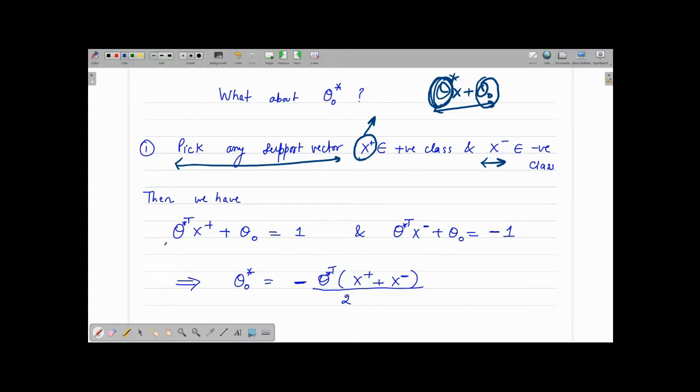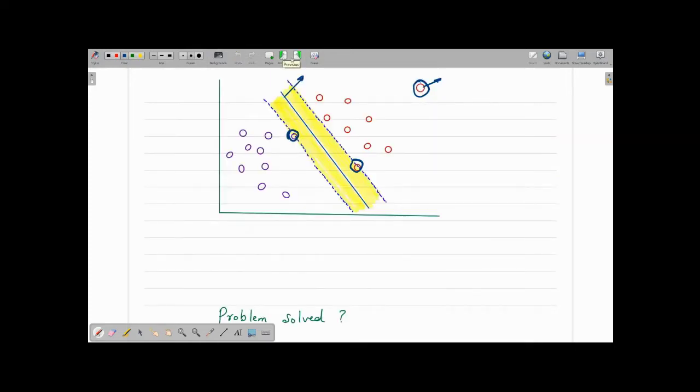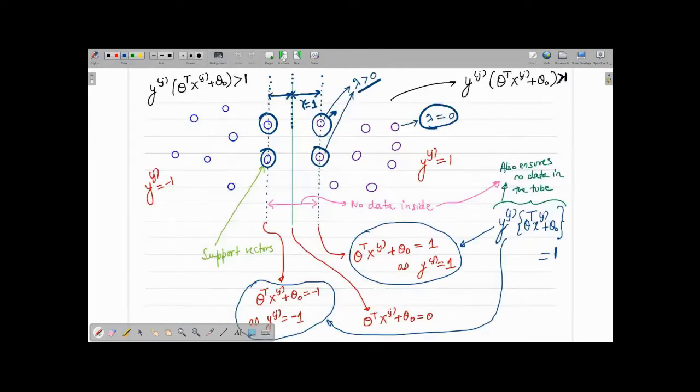Once we select these support vectors based on the value of lambda, you can put them into the equation of the hyperplane. We put x plus into this equation, and x minus into this equation. Obviously each will satisfy the equation of the line.